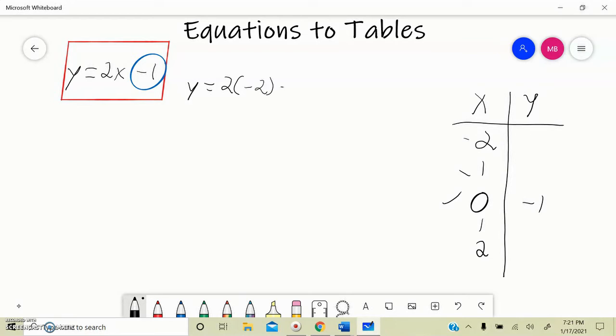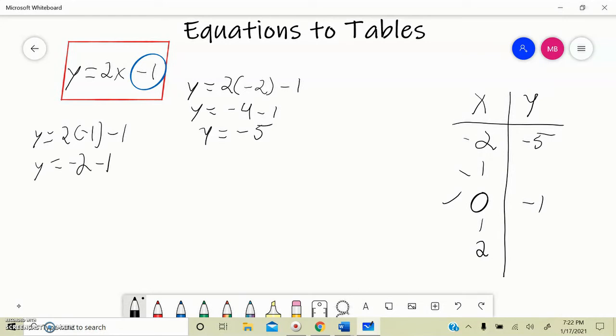Negative 2 minus 1. I had to get negative 4 minus 1, which would give me y is equal to negative 5. Okay, I'm going to do the same thing with negative 1. So I get 2 times negative 1 minus 1. Y is equal to negative 2 minus 1, sorry.